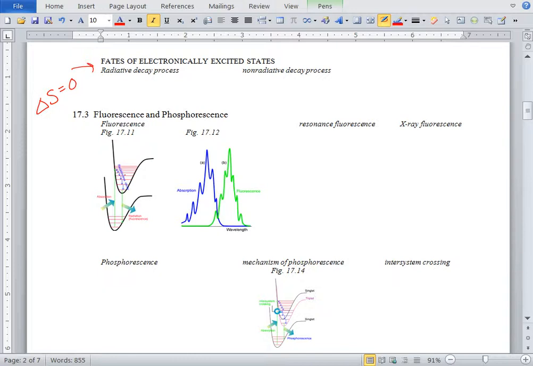Now, to go from here to here, it emits this photon. In fluorescence, is it always going to be right here that you emit from?